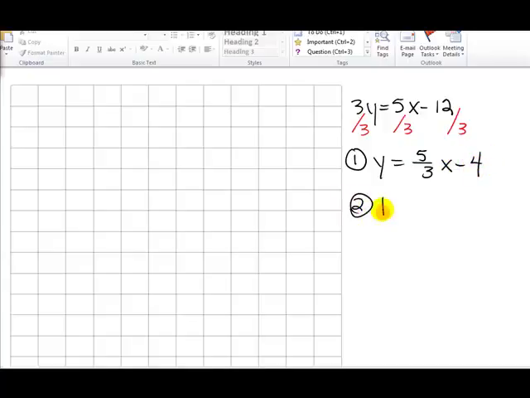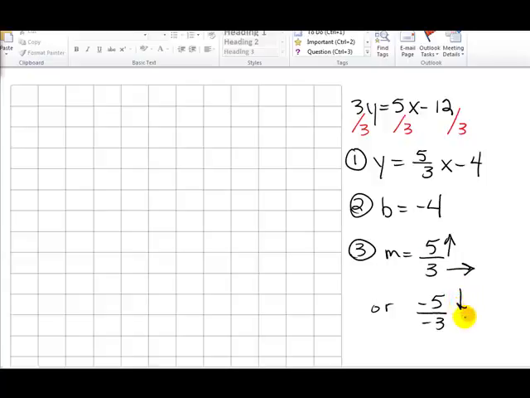Number 2, b equals -4, and number 3, m equals 5/3, which means I'm going to go to the right, or sorry, up 5 and to the right 3. Or again, I could write these as both negatives. That's a positive, and 2 negatives make it a positive, which means I would go down and to the left.